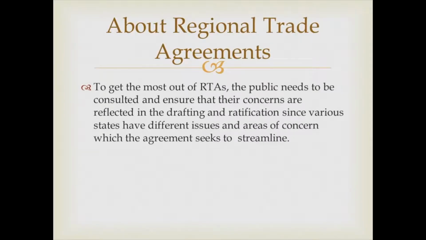To get the most out of RTA, the public needs to be consulted and ensure that their concerns are reflected in drafting and ratification, since various states have different issues and areas of concern which the agreement seeks to streamline. So basically through RTA they can establish a consultation in which everything can be standardized among the members who are bound by it, in order to establish an agreement which could benefit all the parties, right?